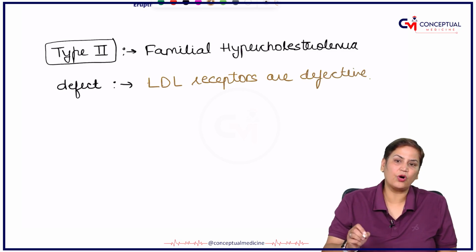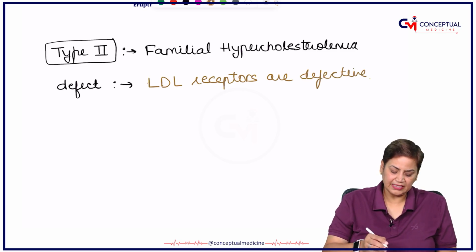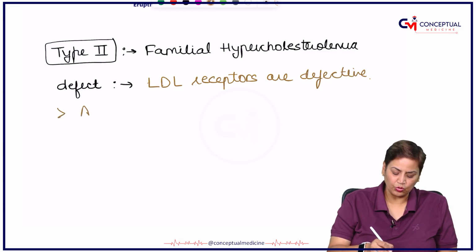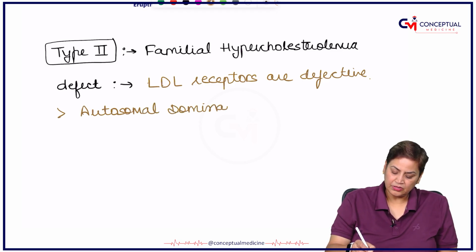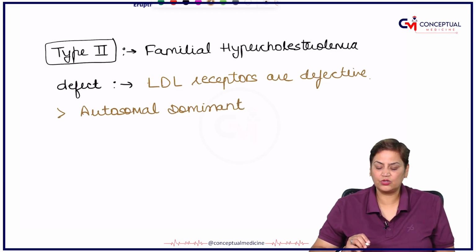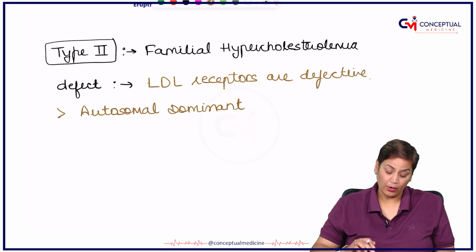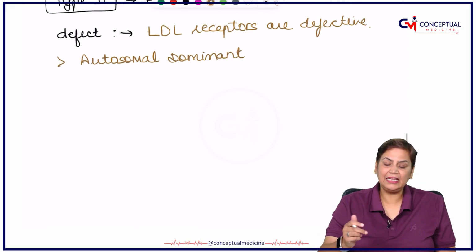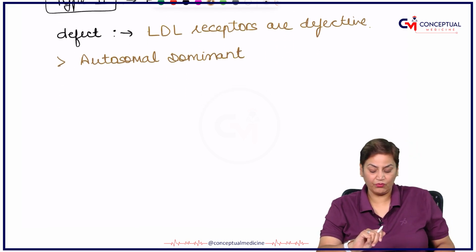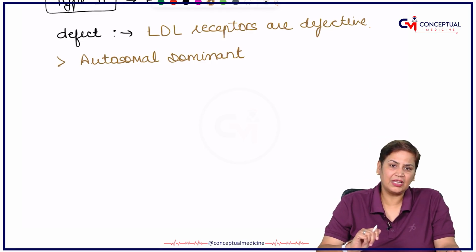And the most common feature of this is that it is autosomal dominant. Very important. So familial hypercholesterolemia is autosomal dominant. Now, since LDL receptors are defective, we know what the function of LDL is.